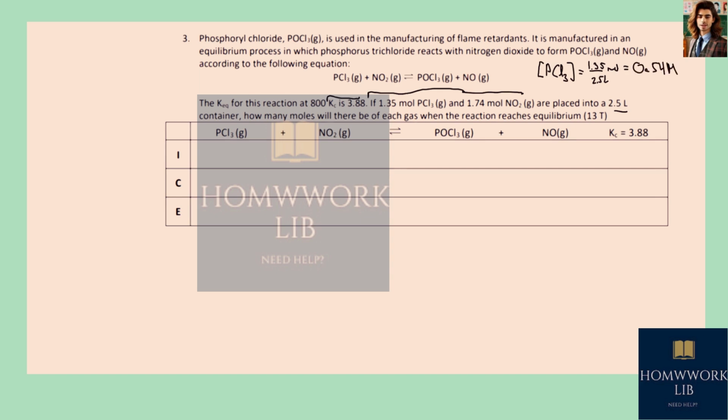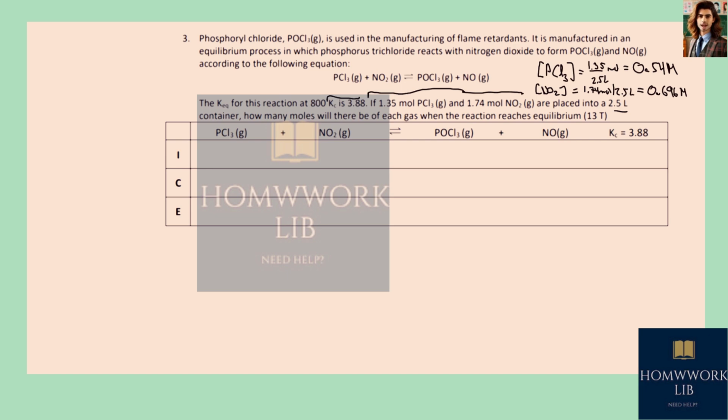The initial concentration of NO2 is 1.74 mole divided by the volume of the container, 2.5 liter. So 1.74 over 2.5 gives us 0.696. These are going to be our initial concentrations of the reagents.